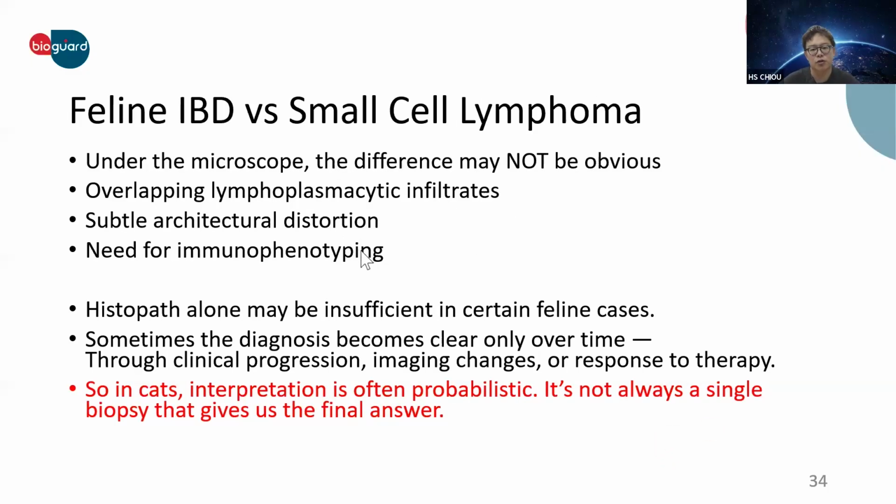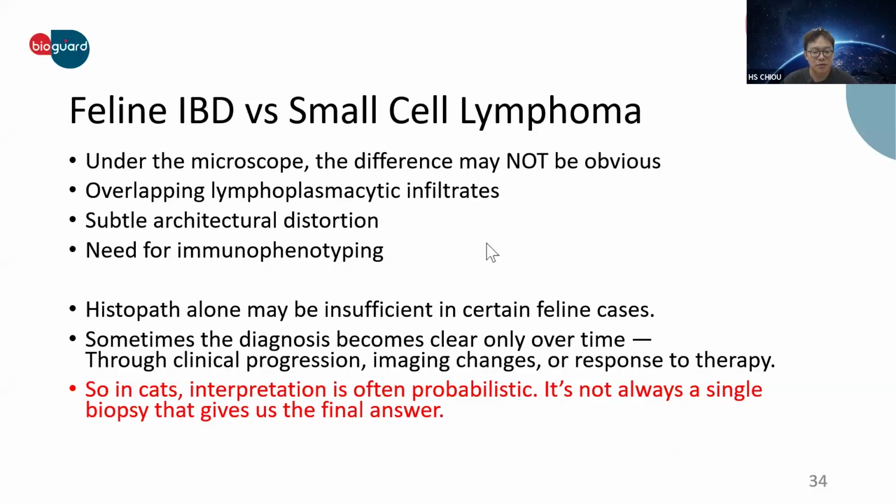In cats, one of the biggest challenges is distinguishing lymphoplasmacytic enteritis from early small cell lymphoma. Histologically, they can look very similar, both may show increased small lymphocytes within the mucosa and only mild architectural distortion. So under the microscope, the difference may not be obvious.